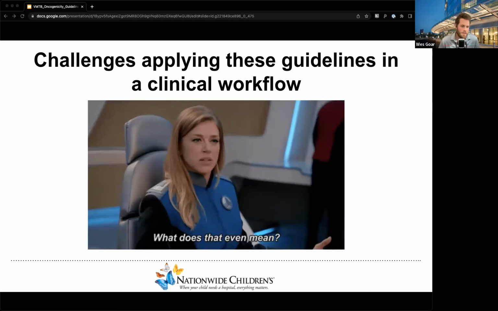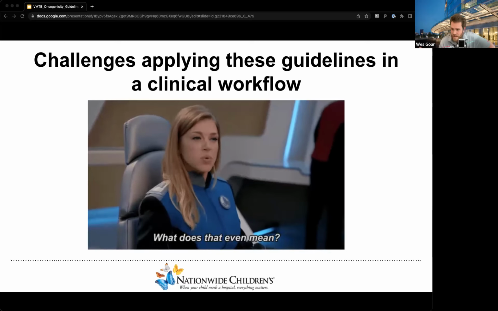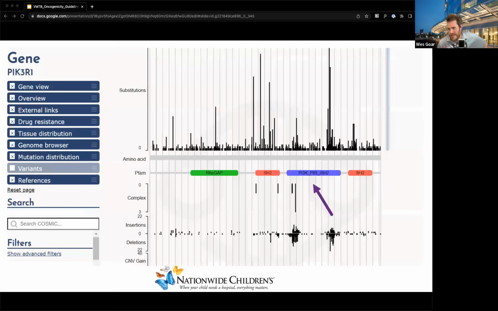Because to be honest, what does well-established even mean? Right? Like Beth could say, well, I think well-established means this at Mayo, and Kathy and Elaine at Nationwide could say, well, I think well-established means this. And that might not be the same. And that's important to start really working on and capturing.